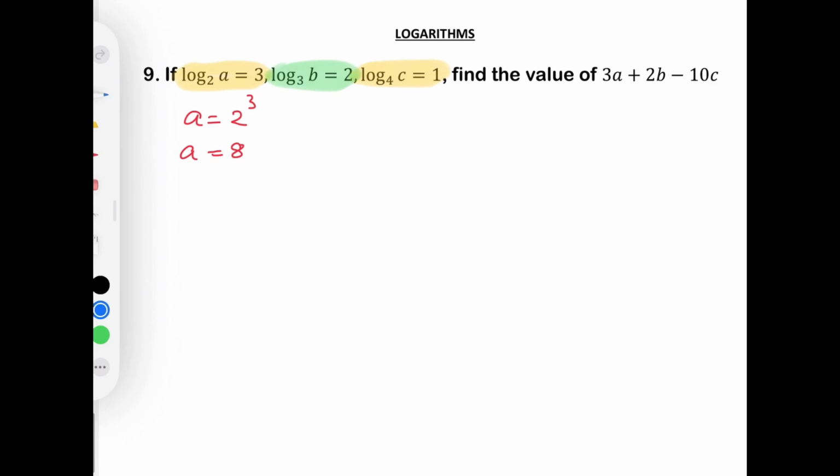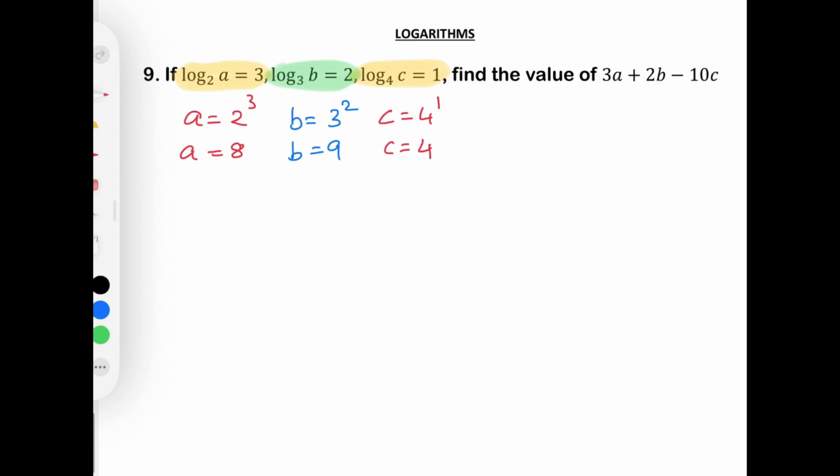If log b to the base 3 is 2, then b is equal to 3 raised to 2, that gives b equals 9. And the last one, log c to the base 4 equals 1, that means c equals 4 raised to 1, that is the value of c is 4.